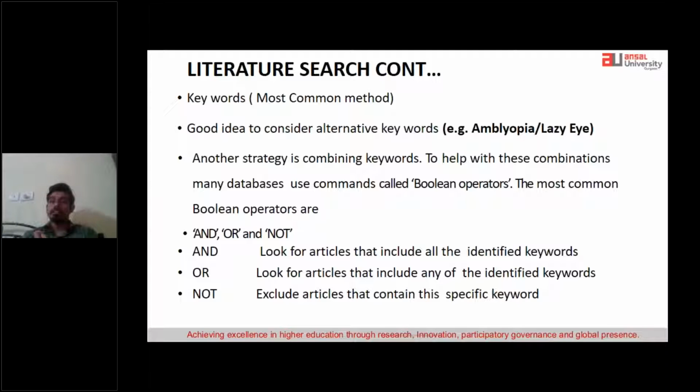Why are these platforms important? Because all the high quality research gets published in journals which are PubMed indexed. If you publish something in those journals, that will reflect in PubMed. There are journals which are not indexed, so their articles will not be reflected on PubMed.